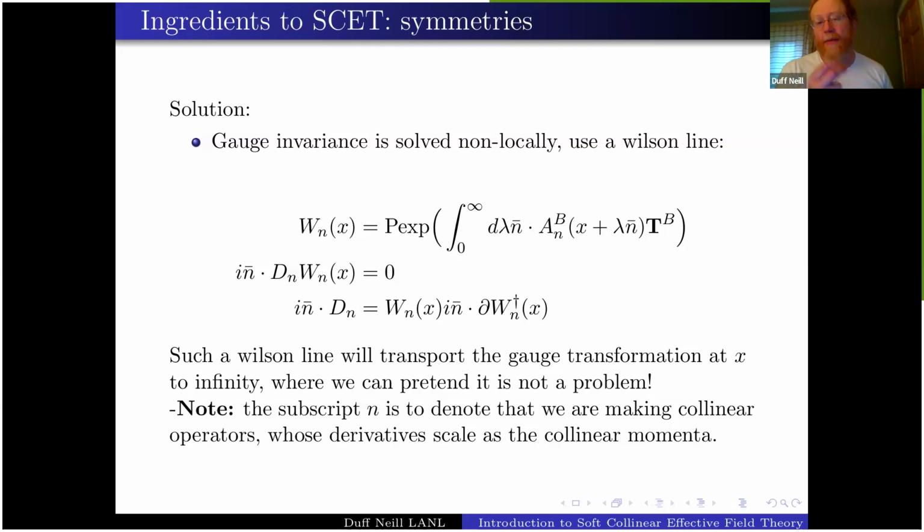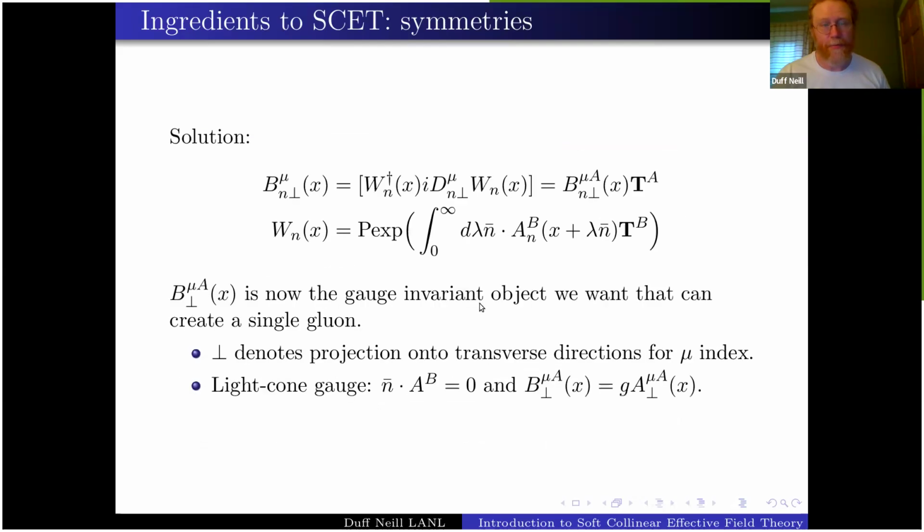In other words, by using this trick of rendering covariant derivatives inert, I'll be able to move my gauge transformations away from my space-time point at X and off to infinity. And so I'll just write down for you the solution.